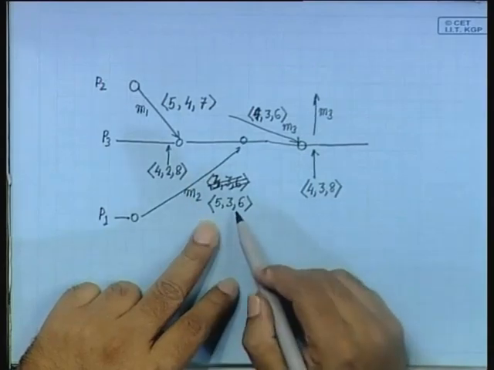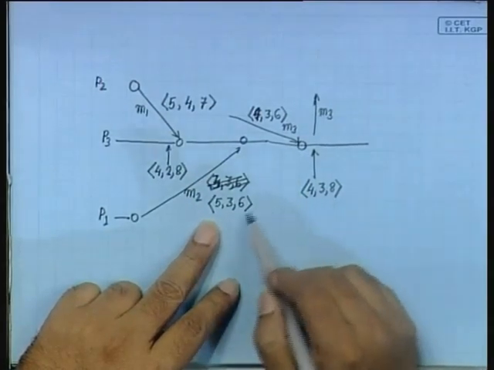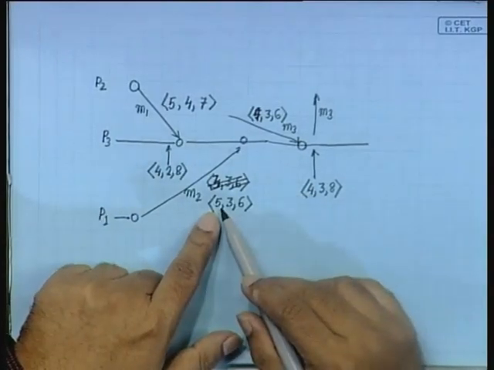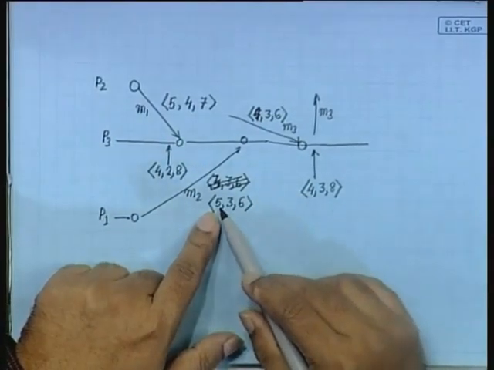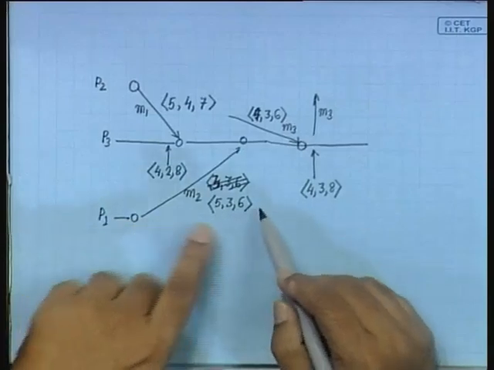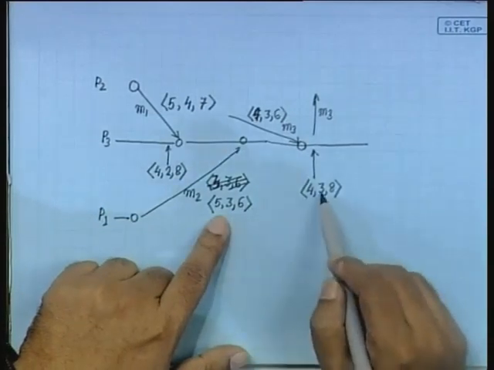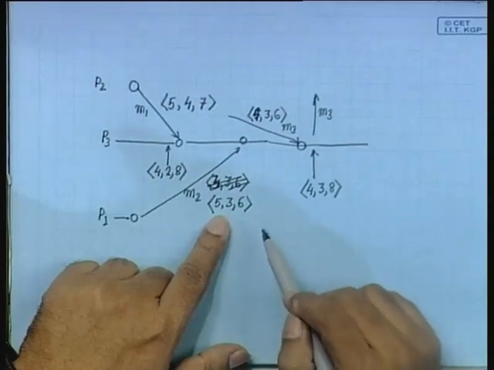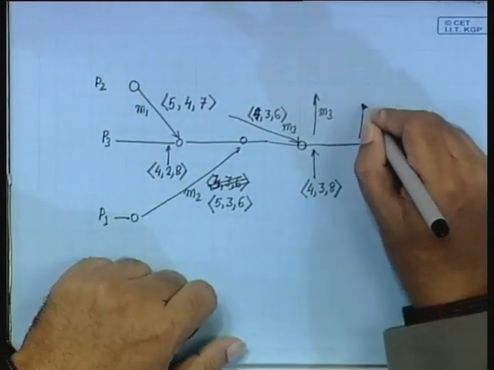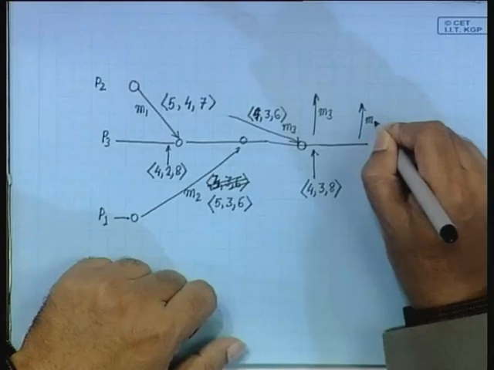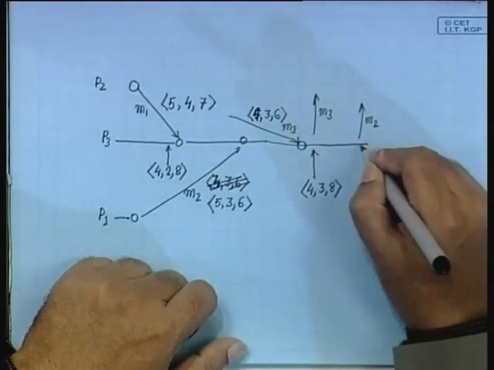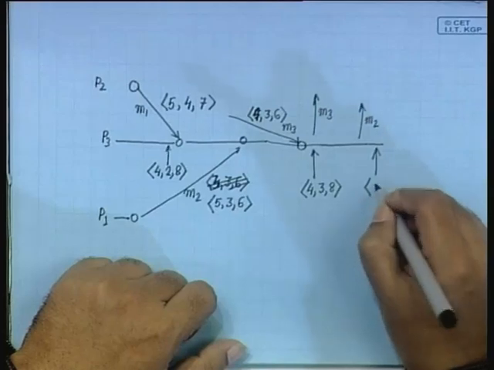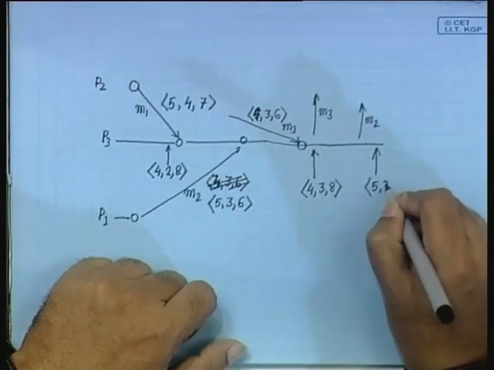So now the delivery requirement for M2 is satisfied, because it is 1 more in the first dimension, this is sent by P1, and in the remaining dimensions this is as large as the timestamp. So now M2 will be delivered, okay. And what will be the updated clock now? 5, 3, 8.